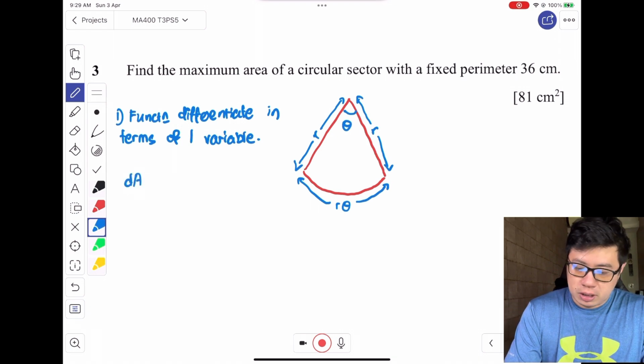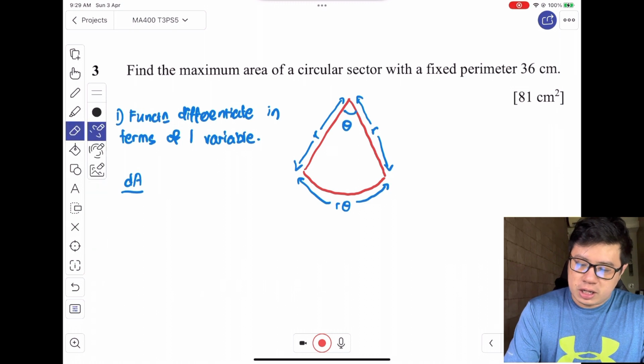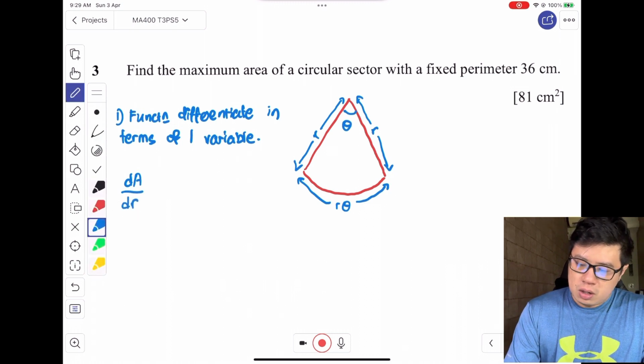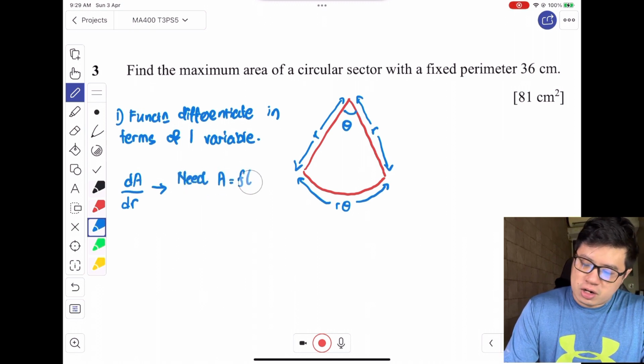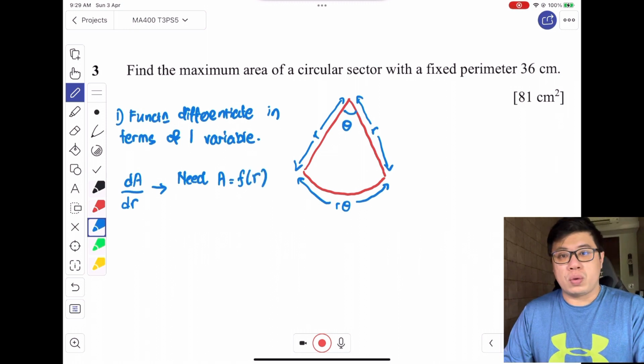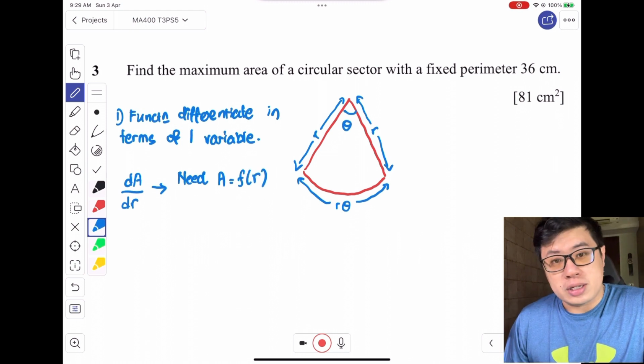If we need dA dr, we will need A in terms of r, A as a function of r.